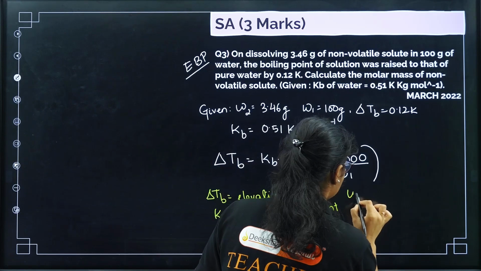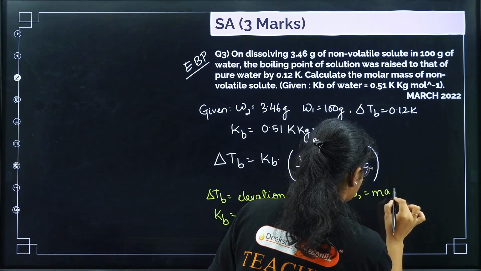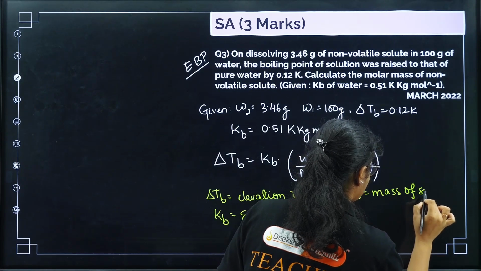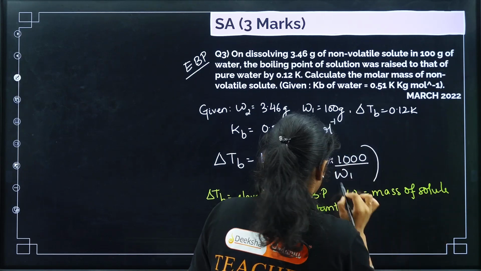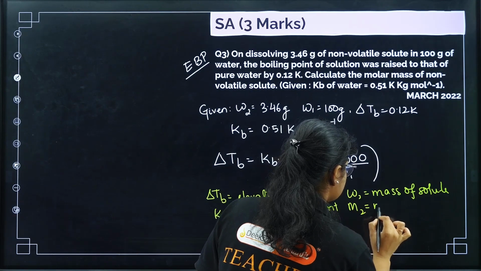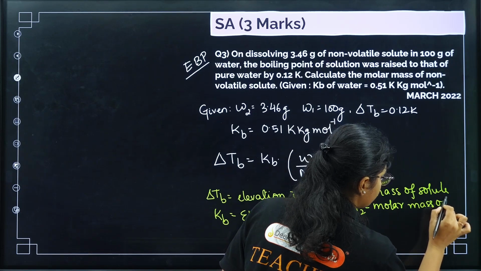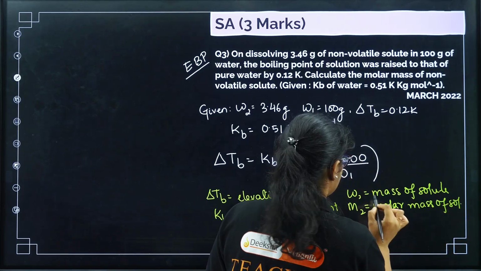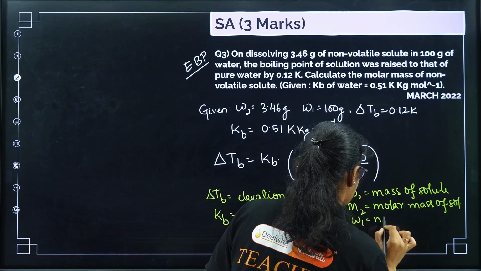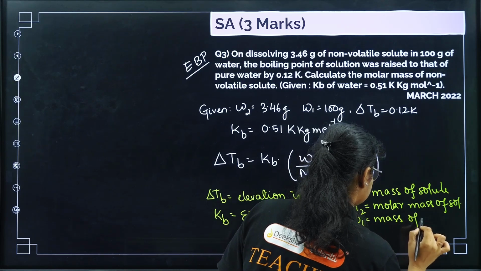Next, W2 is mass of solute. M2 is molar mass of solute. Then you have W1, that is mass of solvent.